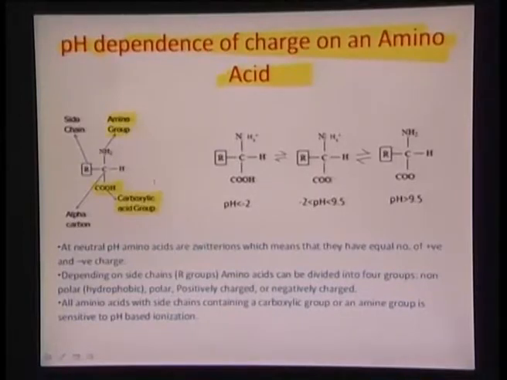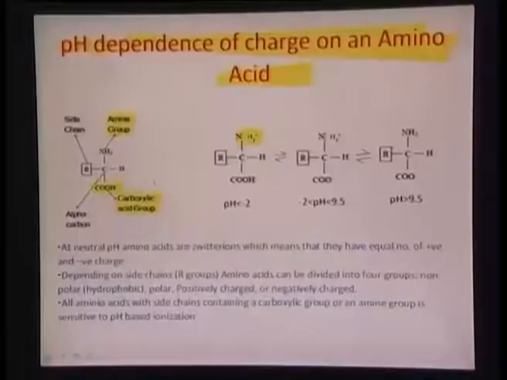So a protein when put in a certain pH can absorb an excess hydrogen ion onto its NH2, forming NH3 plus, or, if the pH is slightly basic, it can generate a hydrogen ion, thus creating COO minus. What is interesting here is that it is a function of pH.